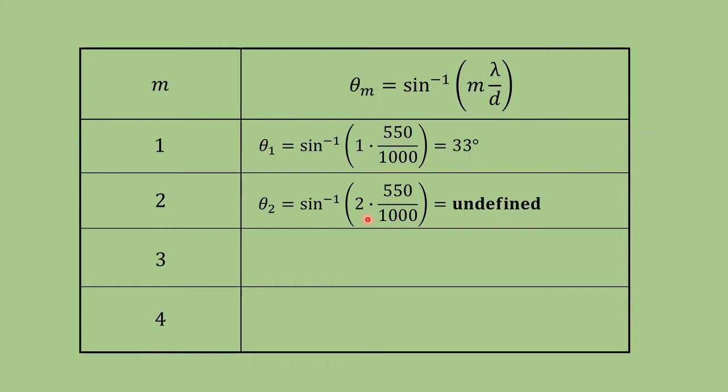So this comes out undefined. And what this is telling us is if you shine light of this wavelength through the diffraction grating, you're only going to see one diffraction order, just that first one off at 33 degrees on either side. You won't see the higher diffraction orders.